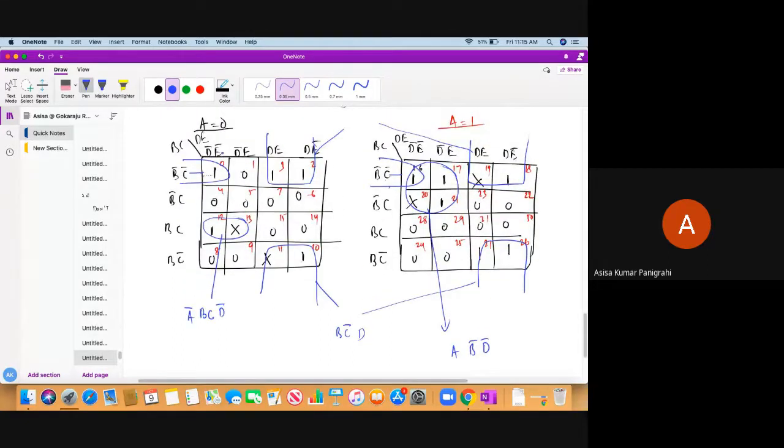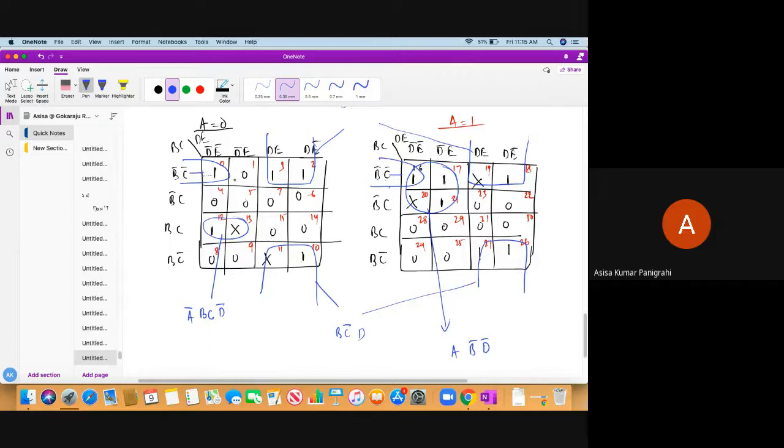What can you do here? Can I do it like A bar, B bar, A bar, B, C, D bar, done. B bar, C bar, D bar.